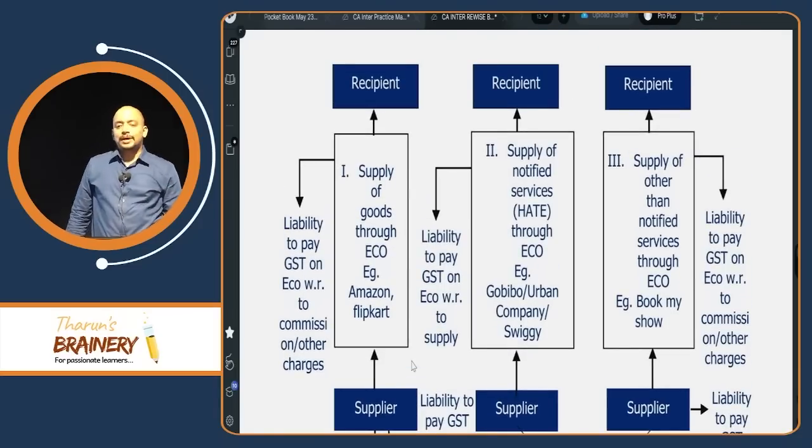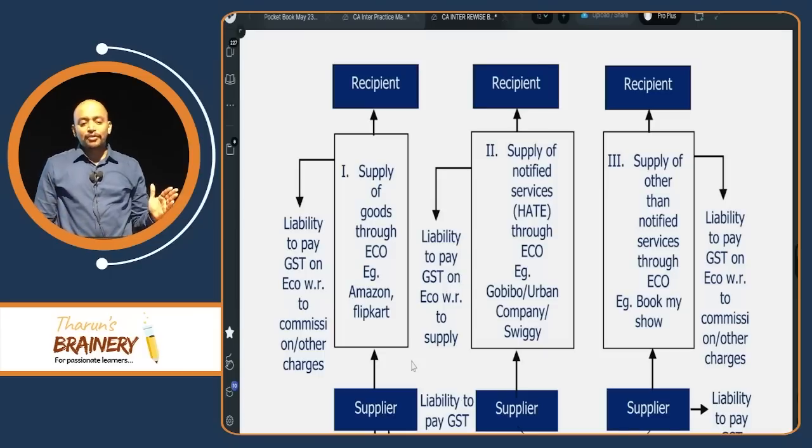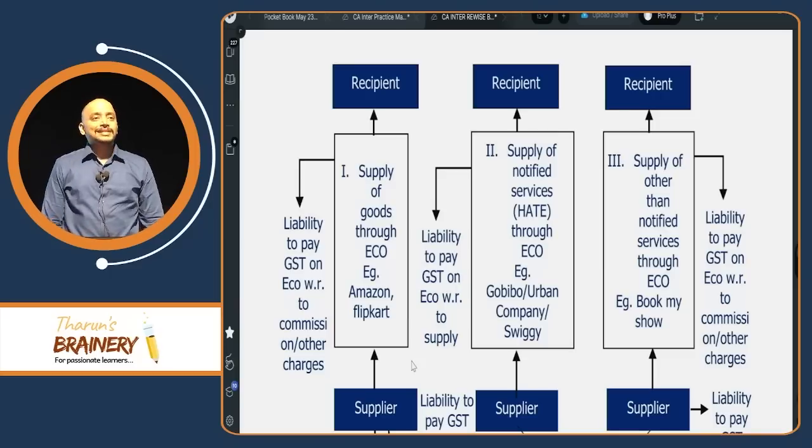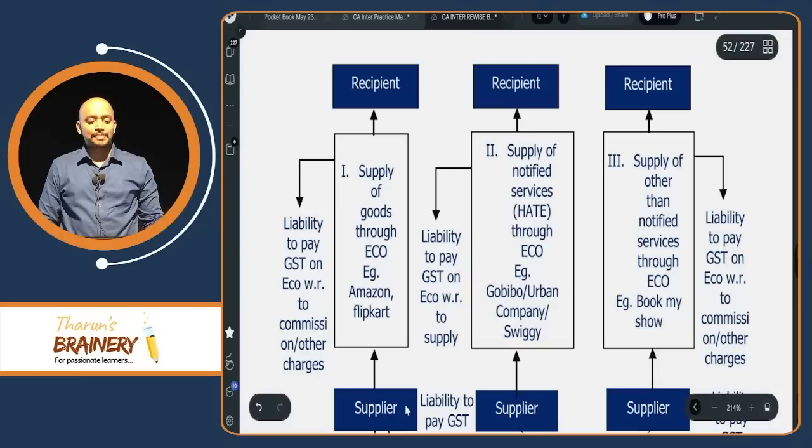Supplies through an e-commerce operator are broadly divided into three parts: supply of goods through an e-commerce operator, supply of notified services through an e-commerce operator, and supply of other than notified service through an e-commerce operator. In case of supply of goods through an e-commerce operator, who will pay GST to the government on the supply? Supplier.